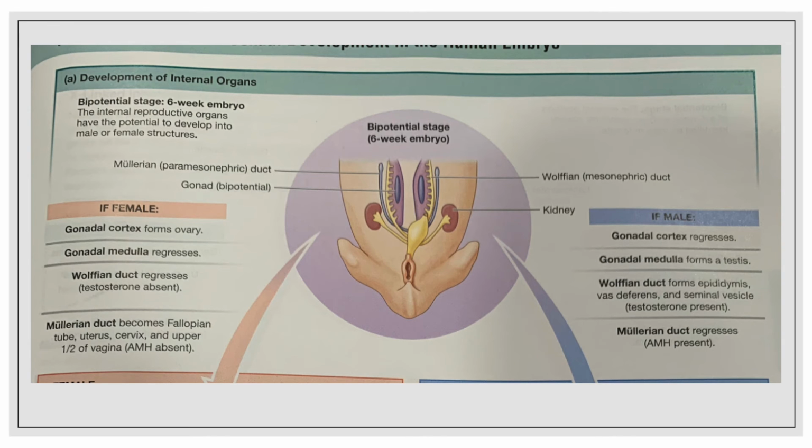Testosterone is a male sex hormone, but it will not be secreted until after the gonads have differentiated into the testes. Also for a male, the gonadal medulla will form a testes, and the gonadal cortex will regress.